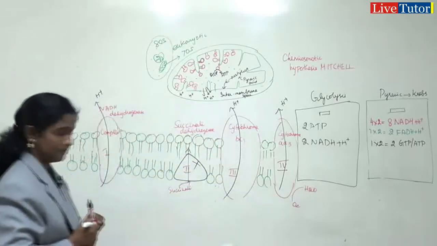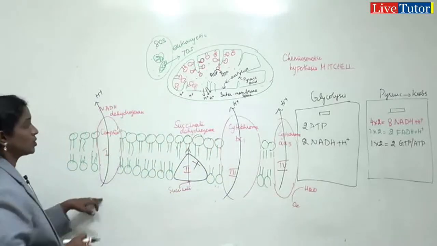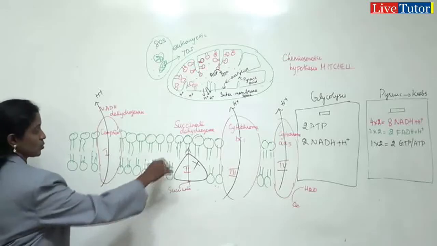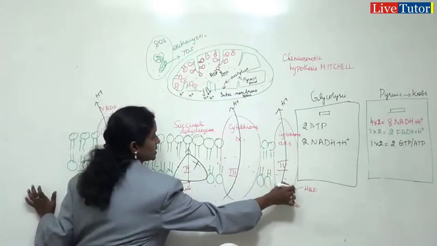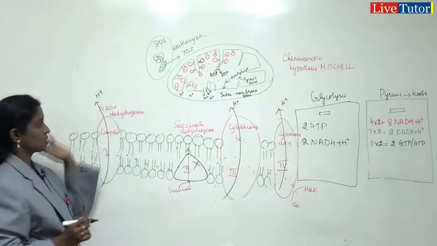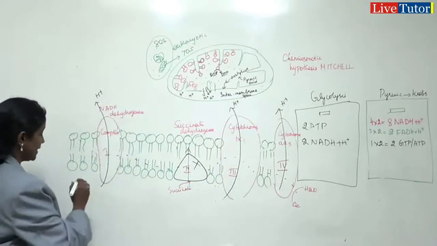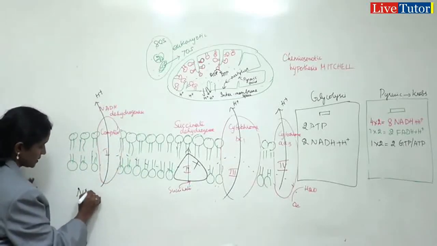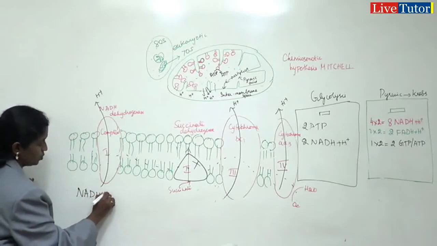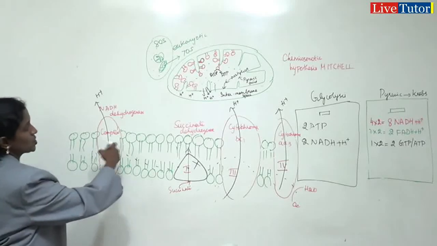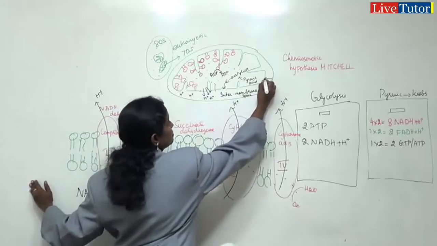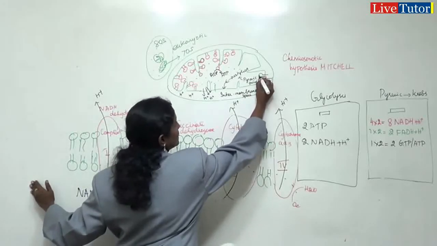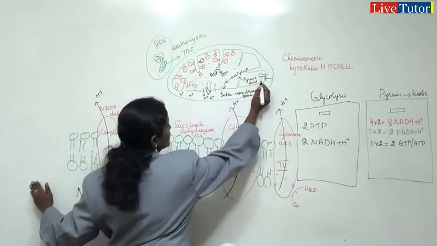Okay, so now what happens is the protons are moved out, the electrons roam around here itself till it reaches the end. So the protons are shuffled. For NAD, all the protons which are moved out towards the intermembrane space will return back by the enzyme ATP synthase, F0, F1 ATPase.